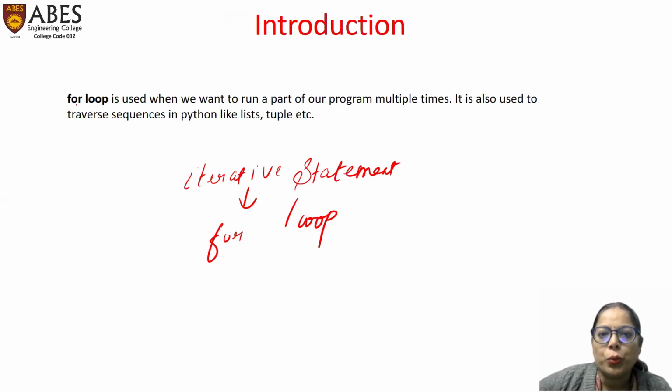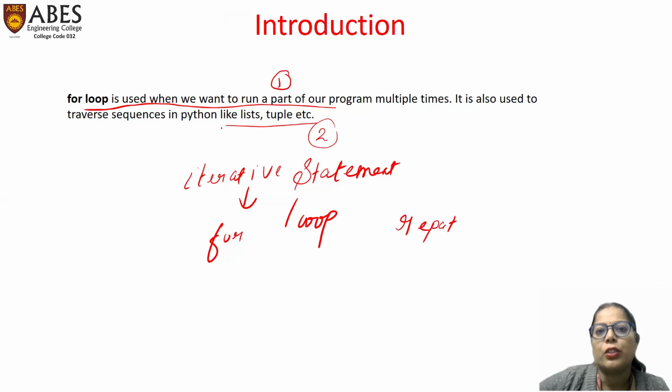A for loop is used when we want to run a part of our program multiple times. That means when we want to repeat the same thing again and again, multiple times. It is also used to traverse sequences in Python like list, tuple, etc. So there are two things you should know while studying for loop in Python.